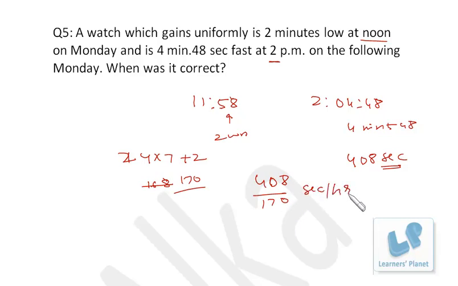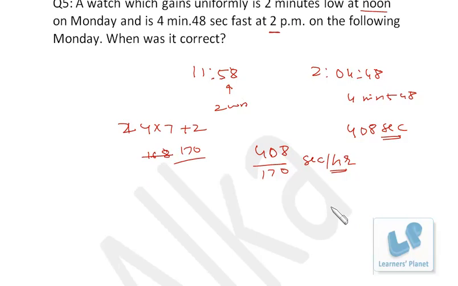So 408 by 170 seconds per hour, right? Now to show the right time, it has to gain 2 minutes, because when it is 12 o'clock, it is showing 11:58. That means it has to gain 2 minutes, which is 120 seconds.